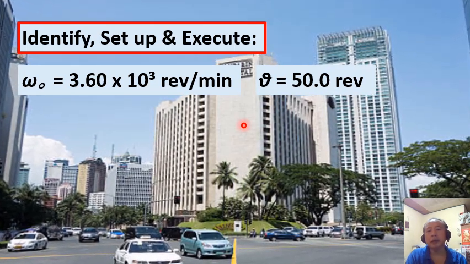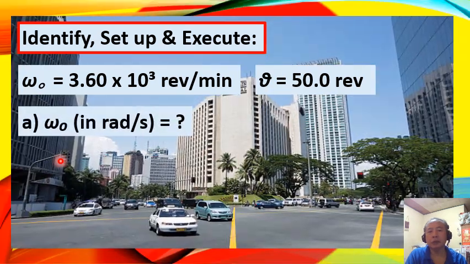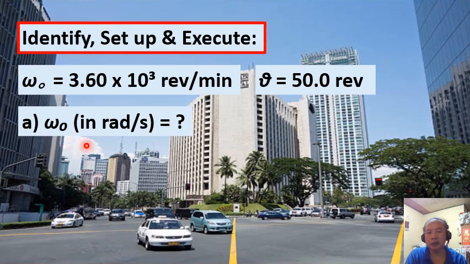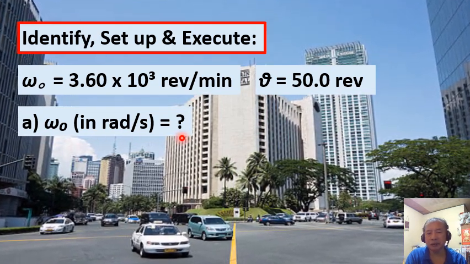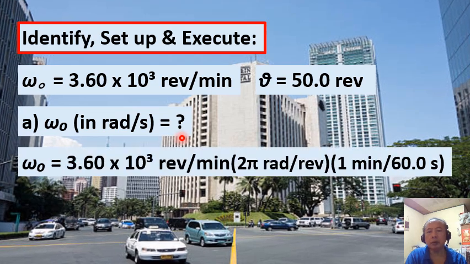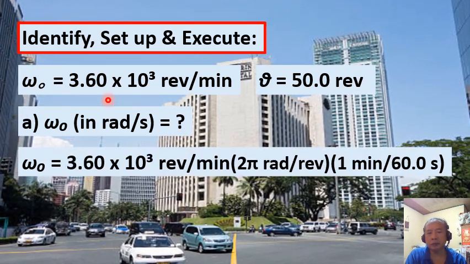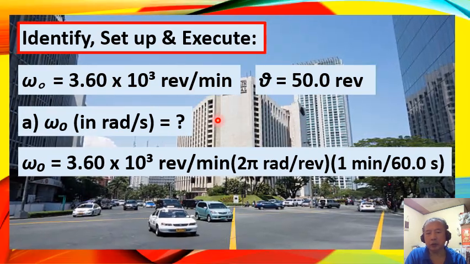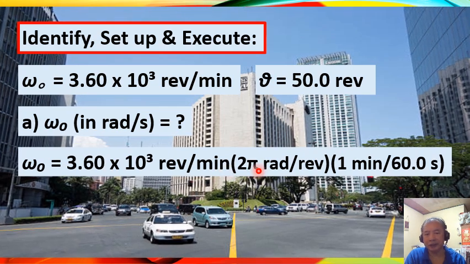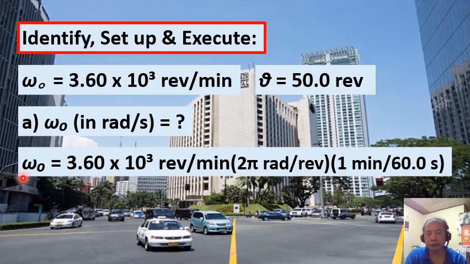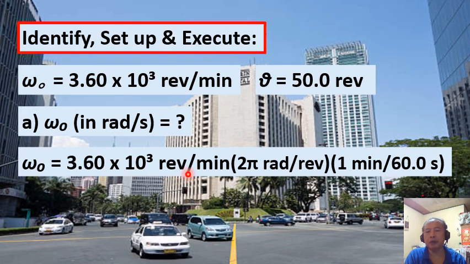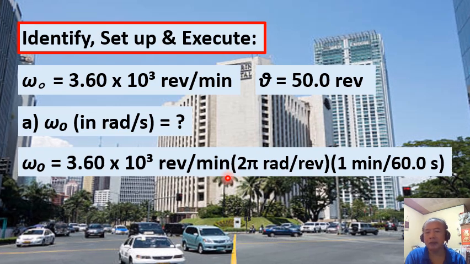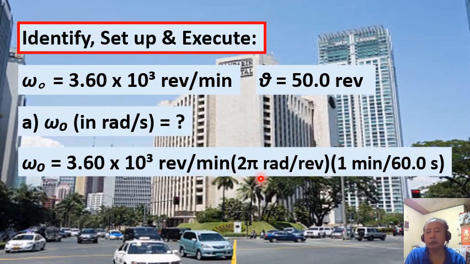In part A, we are asked to find the initial angular speed, but in terms of radian per second. So all we need to do is convert omega naught, which is expressed in revolutions per minute, into radians per second. That is 3.6 times 10 to the third power revolutions per minute multiplied by the equivalent of one revolution in radian.